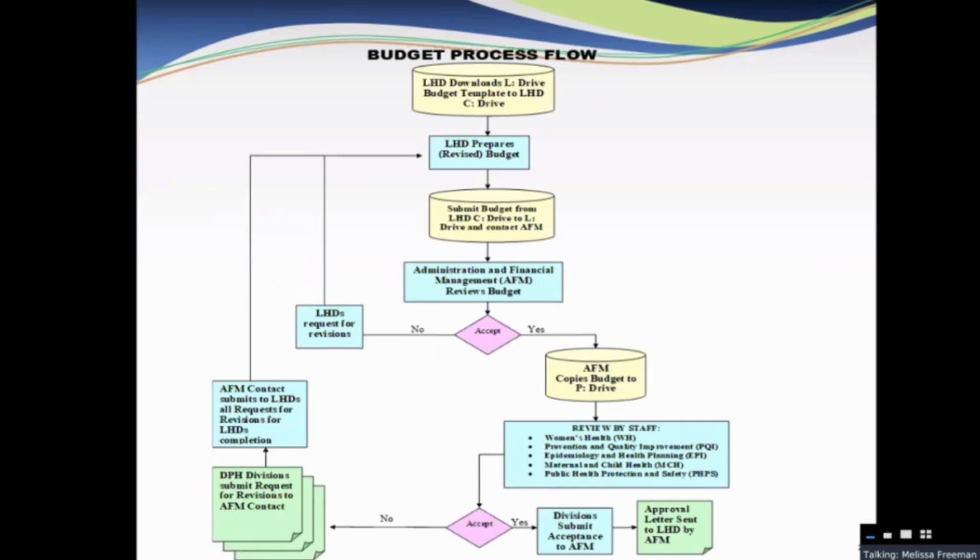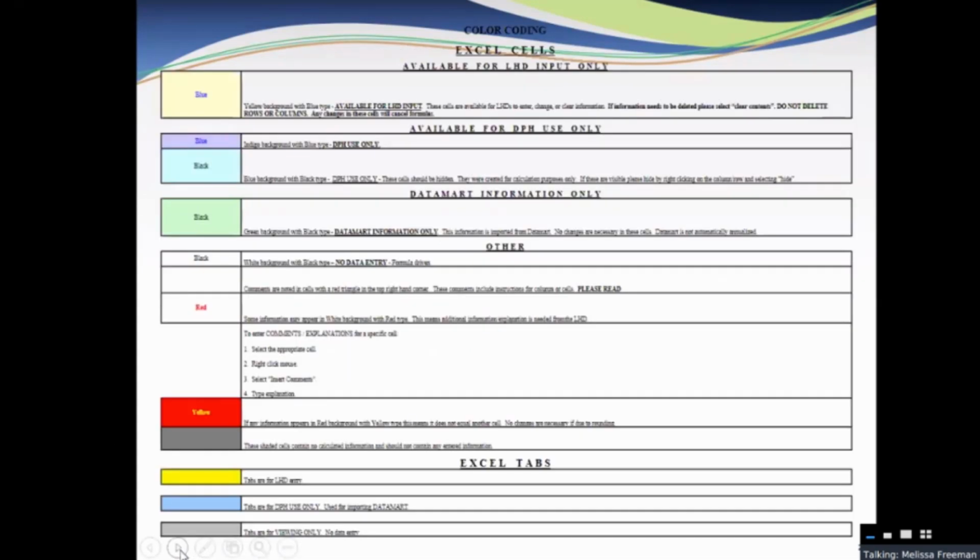Once all divisions have reviewed your budget, I will send out the denials to you if there are any. If there are no denials, then it goes back to your local health budget analyst, who does the final review and issues the letter of approval. So it is a big process, and this just explains what the process is.